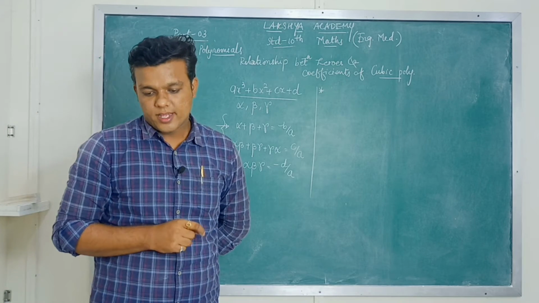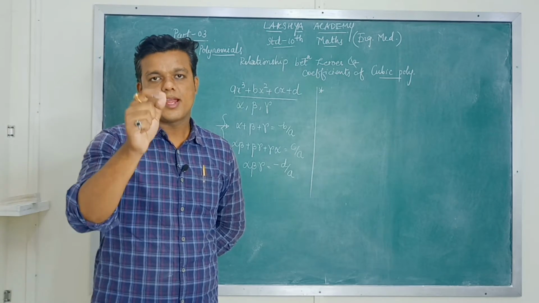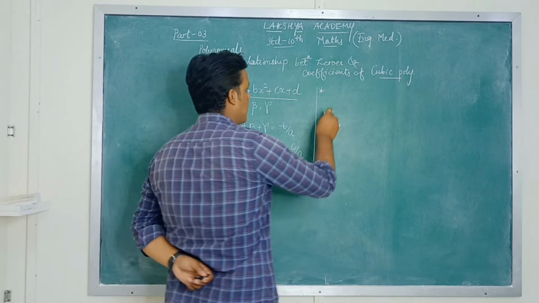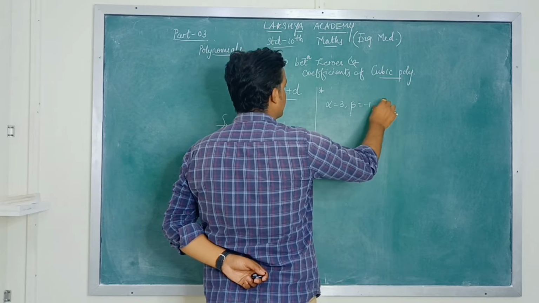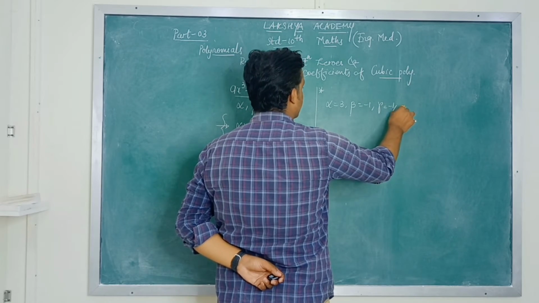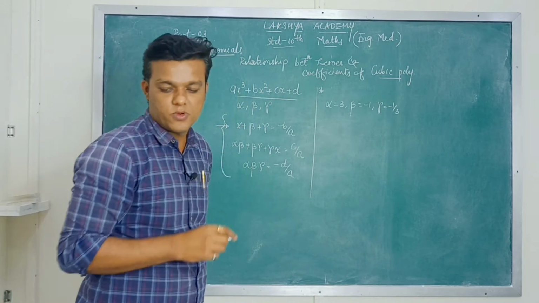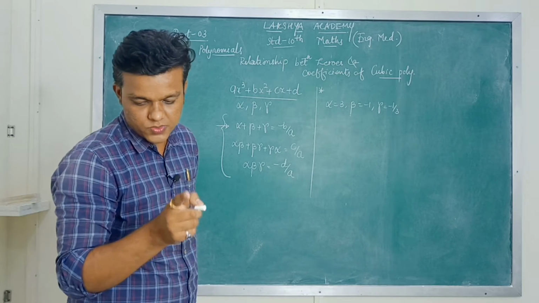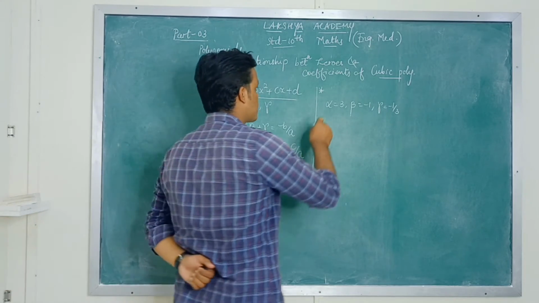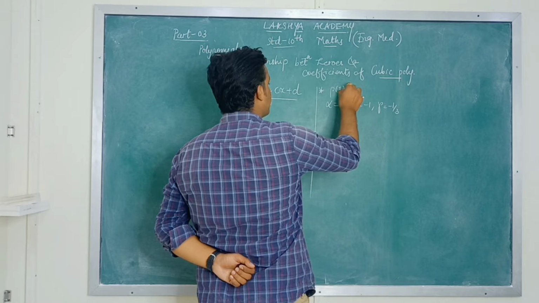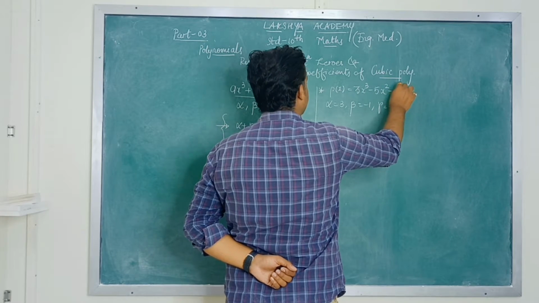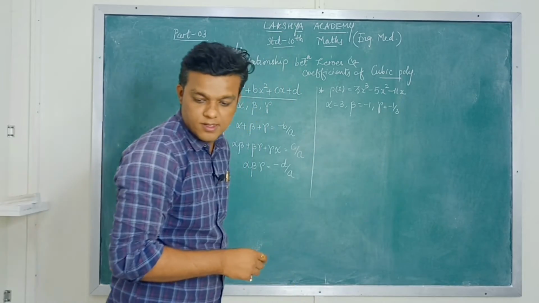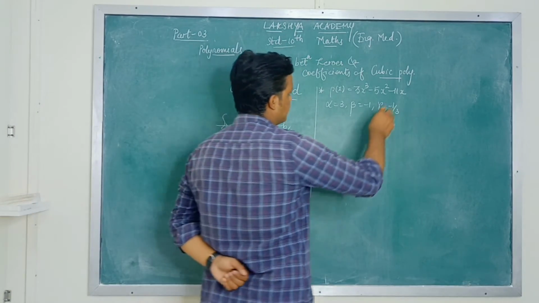Three zeros are given: 3, minus 1 and minus 1 by 3. Alpha equals 3, beta equals minus 1 and gamma equals minus 1 by 3. And the polynomial is p of x equals 3x cube minus 5x square minus 11x minus 3.